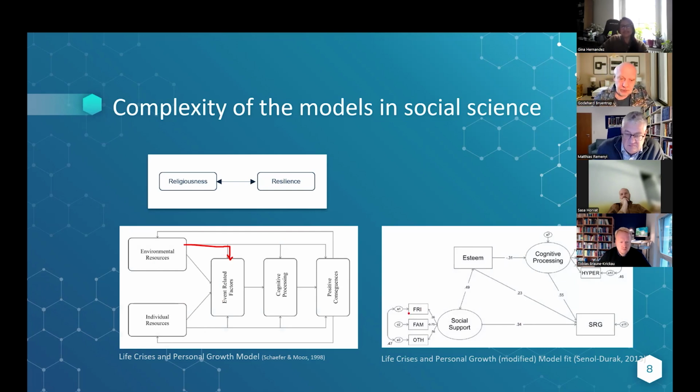So this is how statistical models can be more complex, and it is tested with structural equation modeling. As you already reviewed in the paper, they concluded that the original model works.